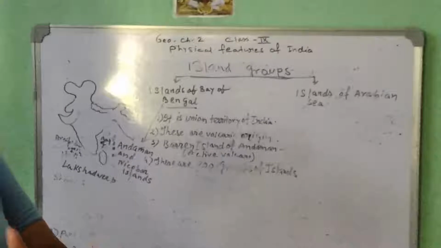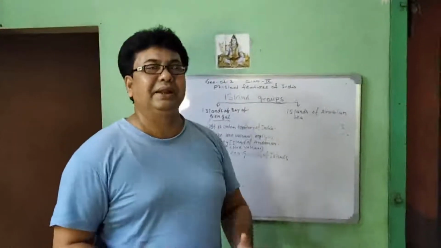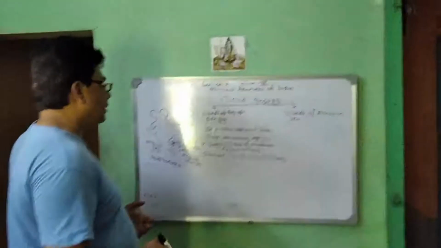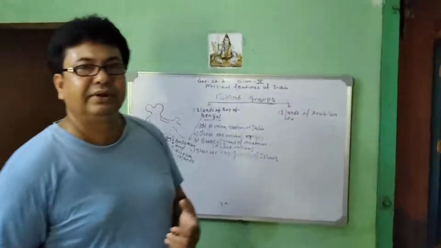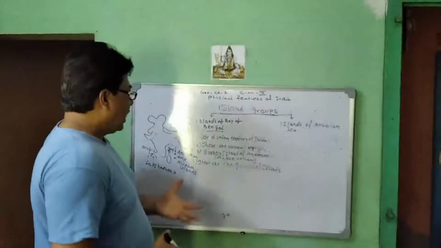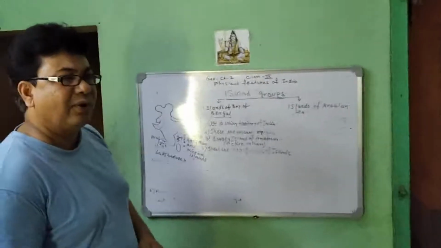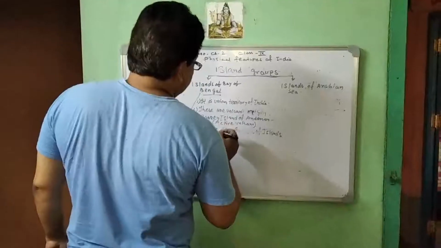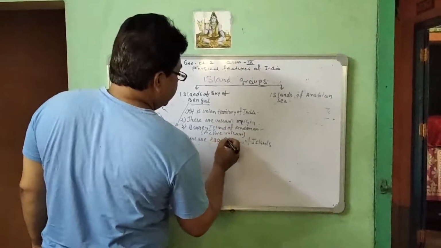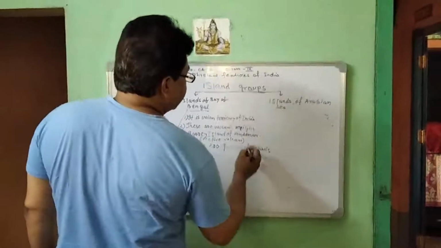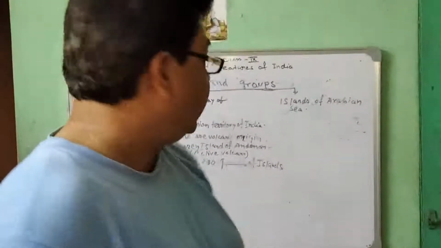Only about 20 islands have people living on them, in North Andaman, South Andaman and Middle Andaman. Some population is living there, but most islands are not inhabited, meaning people are not living on them, and these are reserve forest.